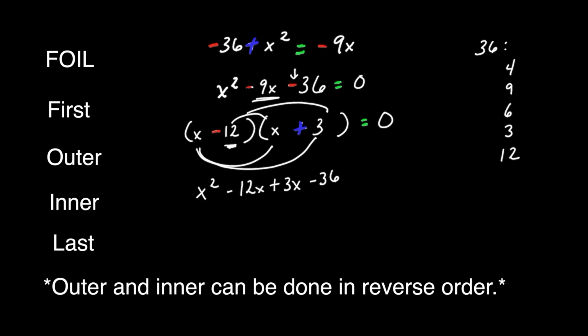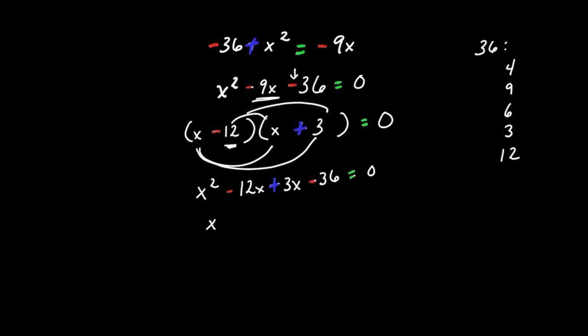And when you combine all of this, you end up with x squared minus 9x minus 36 equals 0. So it works. It matches what our original equation is. So that's perfect.